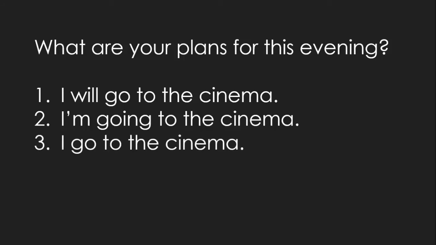Or I go to the cinema. Which one is correct? That's right. Number 2. I'm going to the cinema. You don't say, I think, I don't know, maybe, so you're going to use present continuous. I'm going to the cinema. You're saying it with certainty. It's fixed.